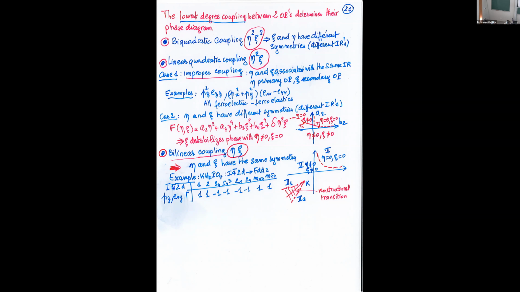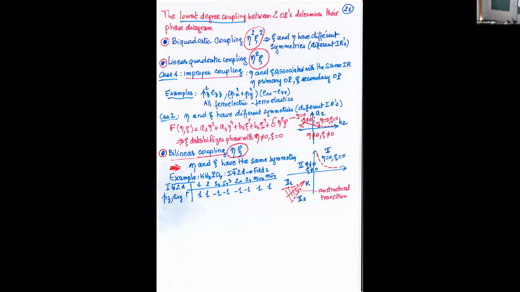But you have another case. You have case 2, which is an interesting case, where eta and zeta have different symmetries. And despite the fact that they have different symmetries, they have a coupling which is linear in one of the order parameters and quadratic in the other one.